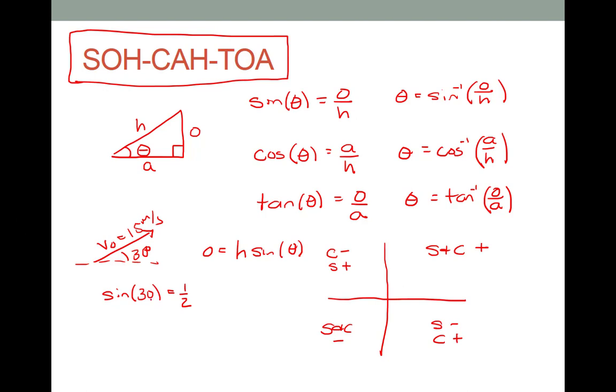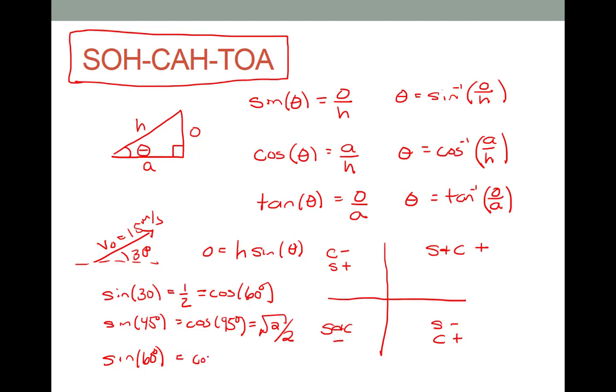Other pieces of information: sine of 30 is 1/2, and this equals the cosine of 60 degrees. Sine of 45 degrees equals the cosine of 45 degrees, and that is the square root of 2 over 2. And sine of 60 degrees equals the cosine of 30 degrees, and that is the square root of 3 over 2.